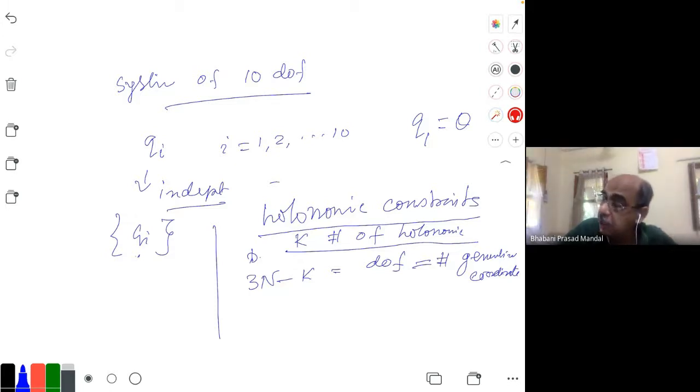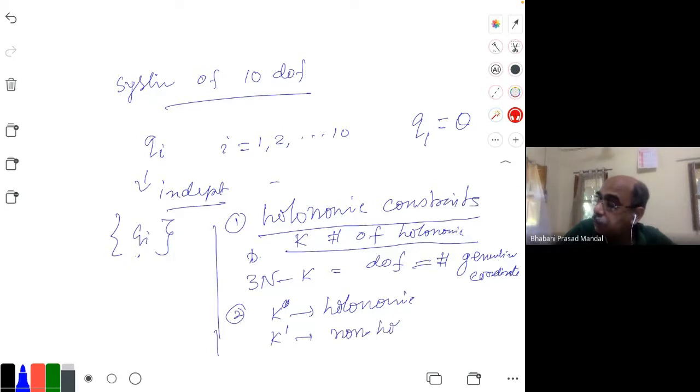Now suppose a system, this is example 1. In example 2, suppose a system has k number of holonomic constraints and k prime number of non-holonomic constraints. Now I am taking a more complicated system where you have holonomic as well as non-holonomic constraints. For example, a solid sphere rolling on an inclined plane has 2 holonomic and 1 non-holonomic constraint.